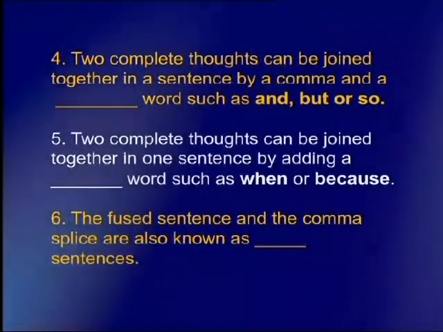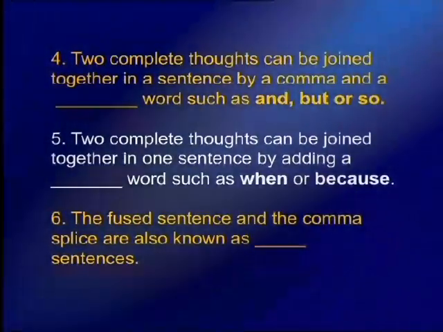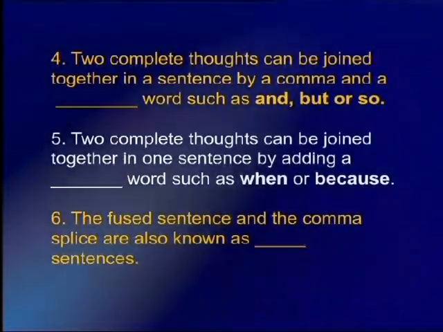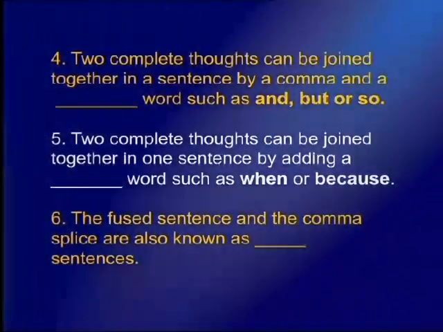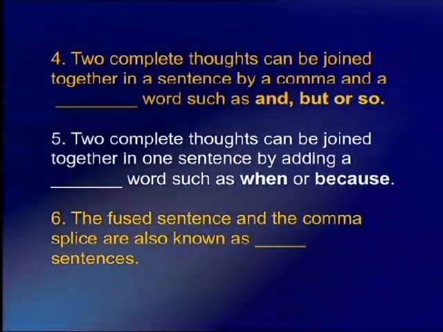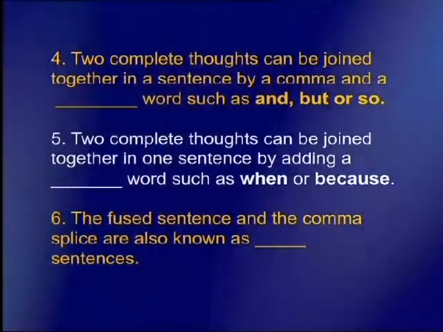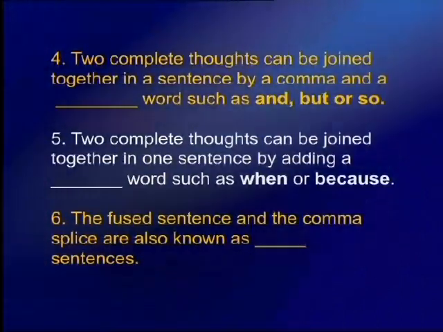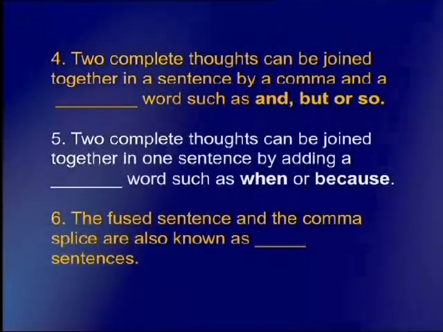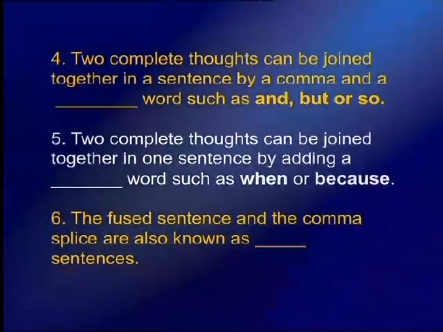Now, what are words like when, because, although? What kind of words are they? They are dependent words. So you can say that two complete thoughts can be joined together in one sentence by adding a dependent word such as when or because.